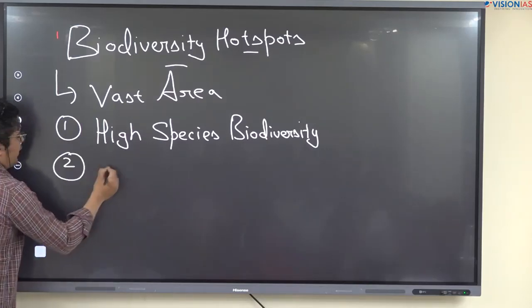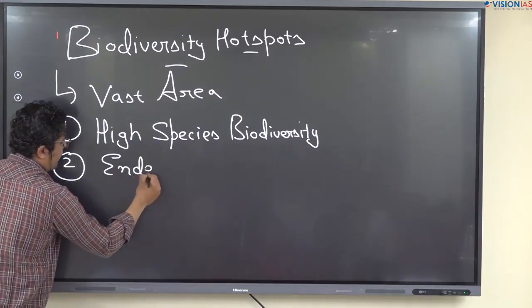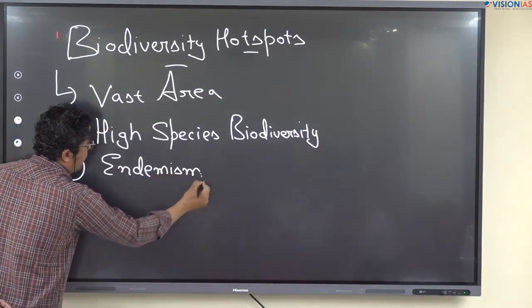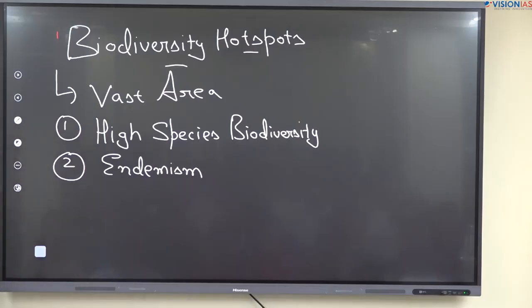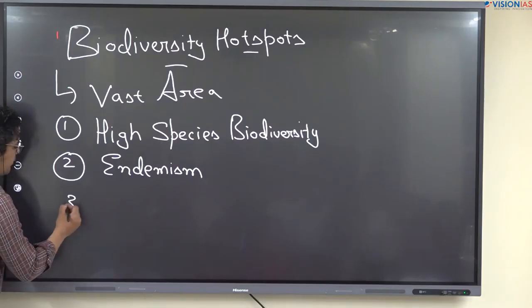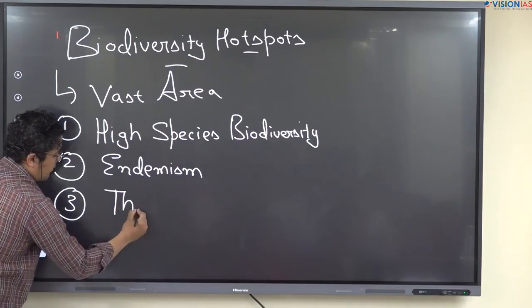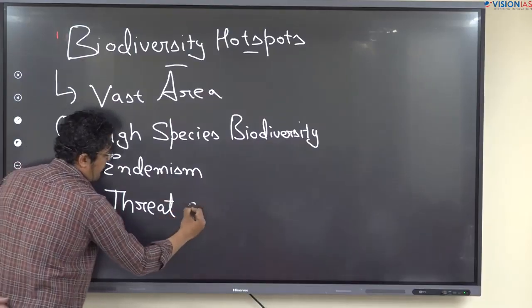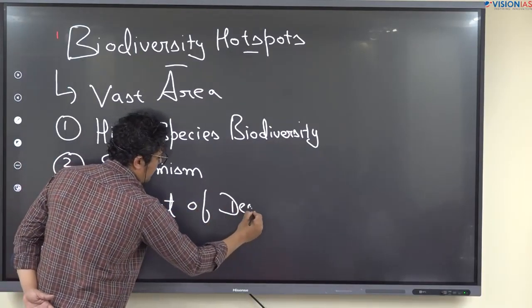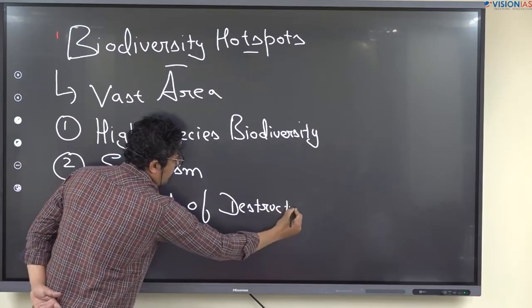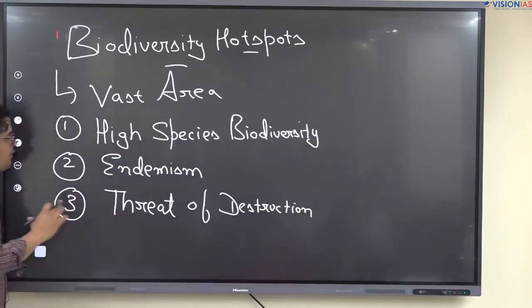Second, it will have presence of endemic species. You will find endemism. What is endemic species? Yes, which are present in one area only. So you will find lots of endemic species. And third, there is a threat of destruction. So when you see all of these properties together, you will call this place a hotspot.